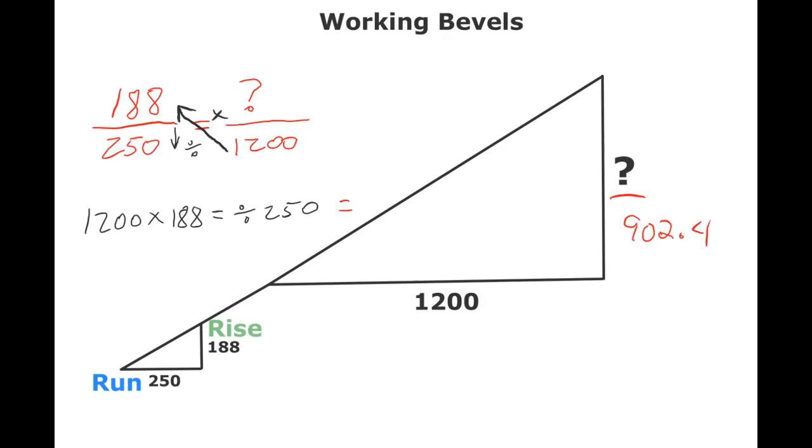Okay, so if I go 1200 long, I need to go 902 high at that working bevel. That essentially is it. So rise over run, and the 250 or the 12 always represents your long number. If you can remember those two little things, all we're doing is moving ratios around. Pretty simple stuff. Okay, so go back and review your ratios if you haven't, and then have a crack at the worksheets and see what you come up with.